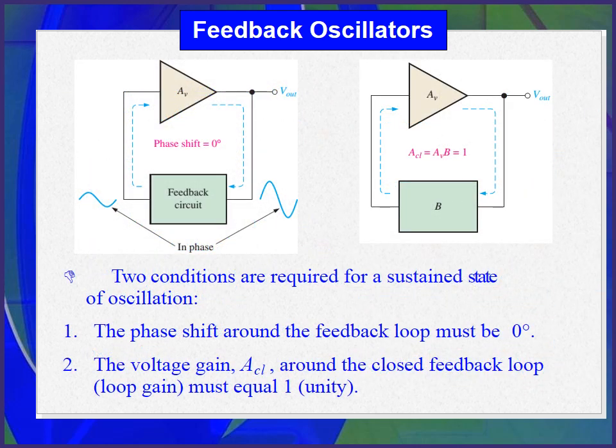Next, there are two conditions required for oscillation to sustain the state of oscillation. First, the phase shift around the feedback loop must be effectively zero. Second, the voltage gain ACL, that is the closed loop gain, around the closed feedback loop must be equal to unity.